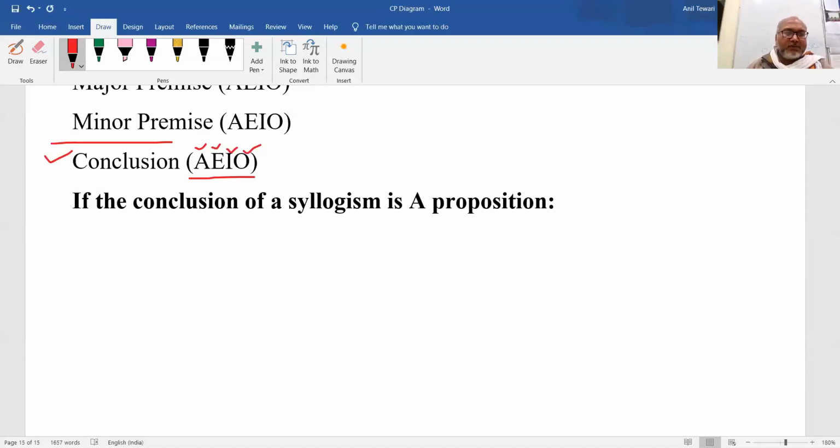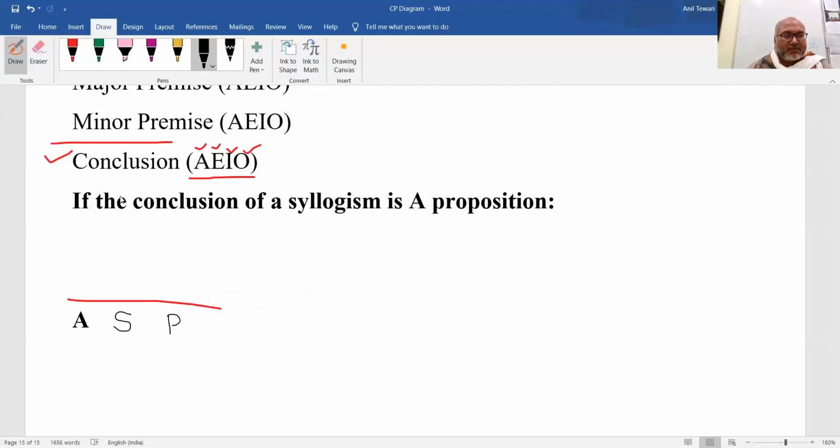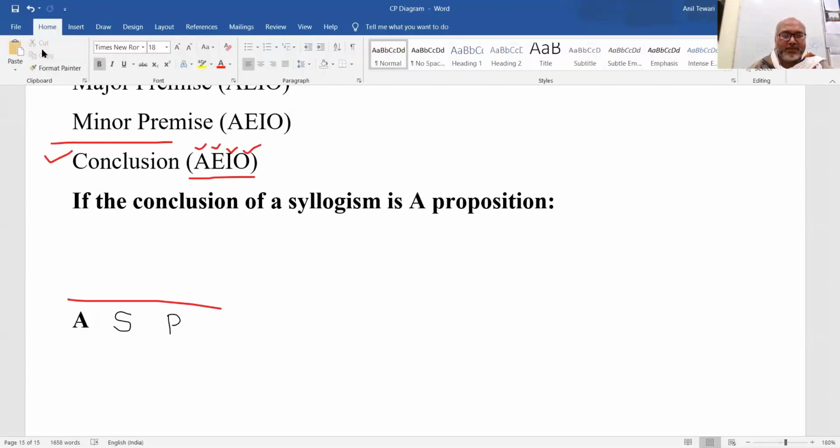Suppose you come to know that your conclusion is A. Now start from the very beginning. So what kind of proposition is A? You have to see conclusion is A. What does this mean? Several things you need to see. If the conclusion is A, what cannot be the case in the premises?